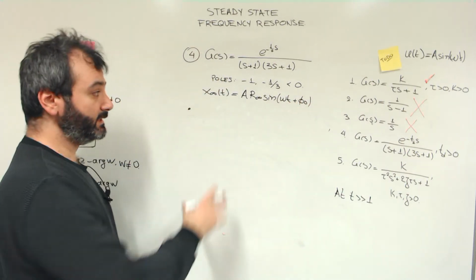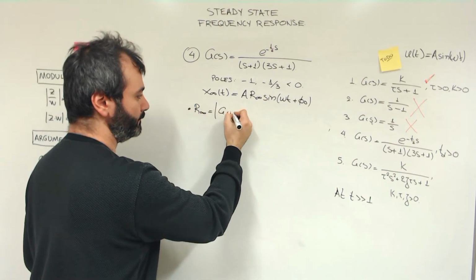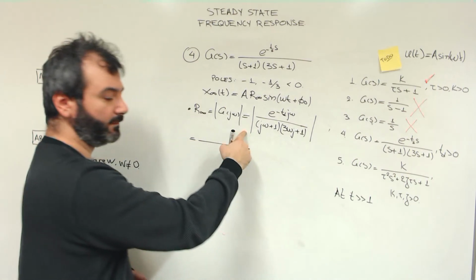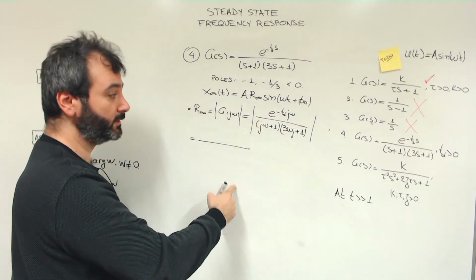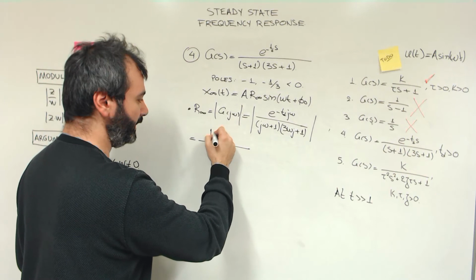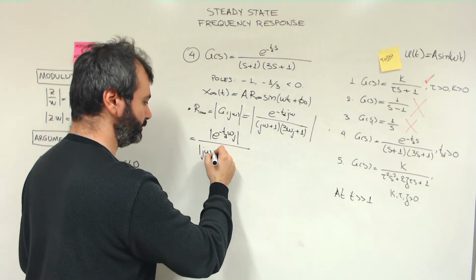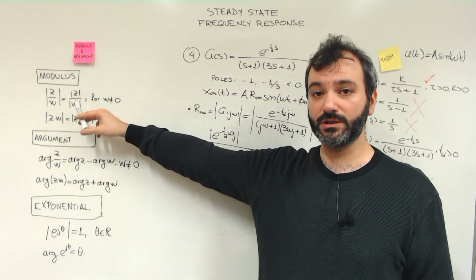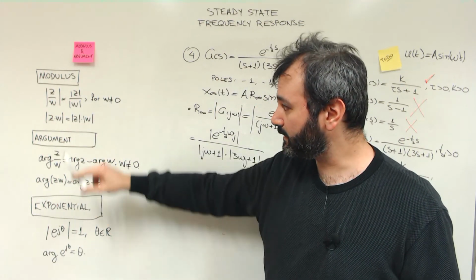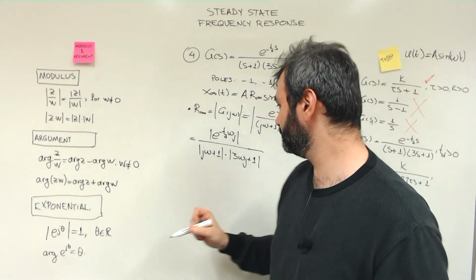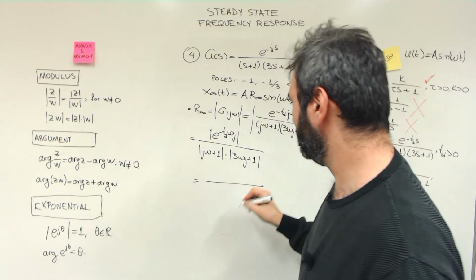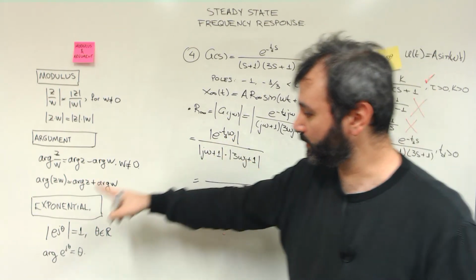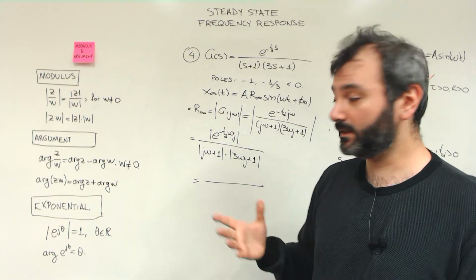First things first, let's determine R infinity. This is the modulus of a fraction. So this is the fraction of the moduli, like that. Here we used this property as well as this property. Now, what is the modulus of this number? In other words, what is the modulus of the exponential of j times something?